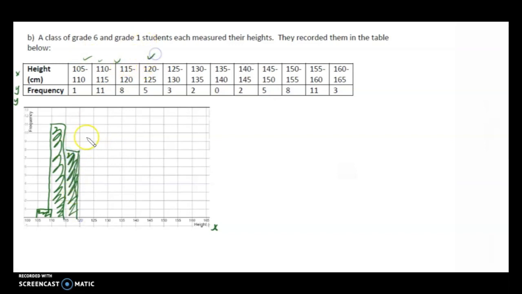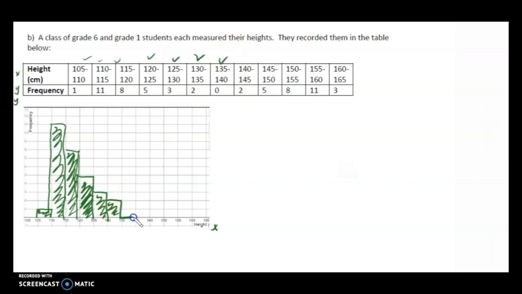Okay, 120 to 125, we get a frequency of 5. 125 to 130, we get a frequency of 3. 130 to 135, we get a frequency of 2.